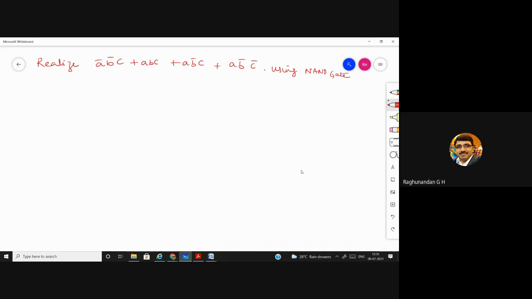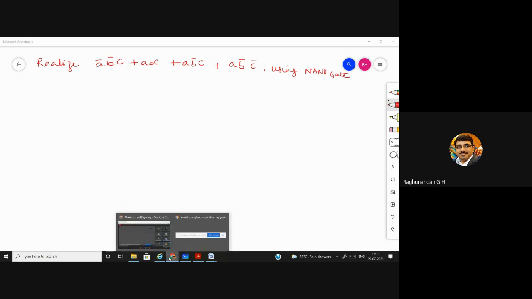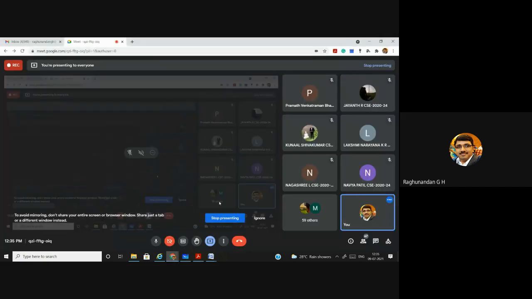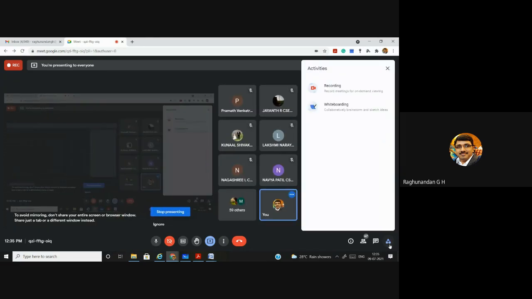Can anyone write the basic circuit for this? Can anyone write?